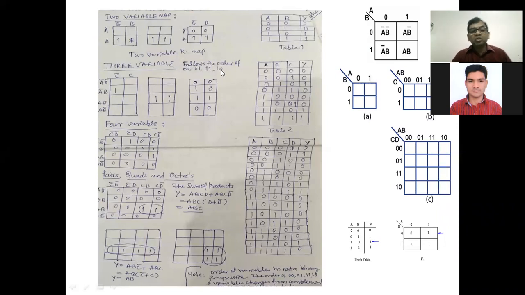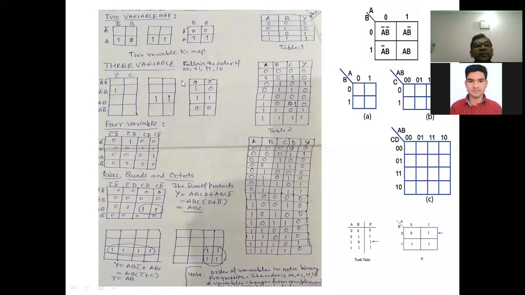So this should be written here that the order of variables is not a binary progression. Instead of a binary progression, this is represented by a particular rule, that the map will be represented only by this 0 0, 0 1, 1 1 and 1 0 pattern.